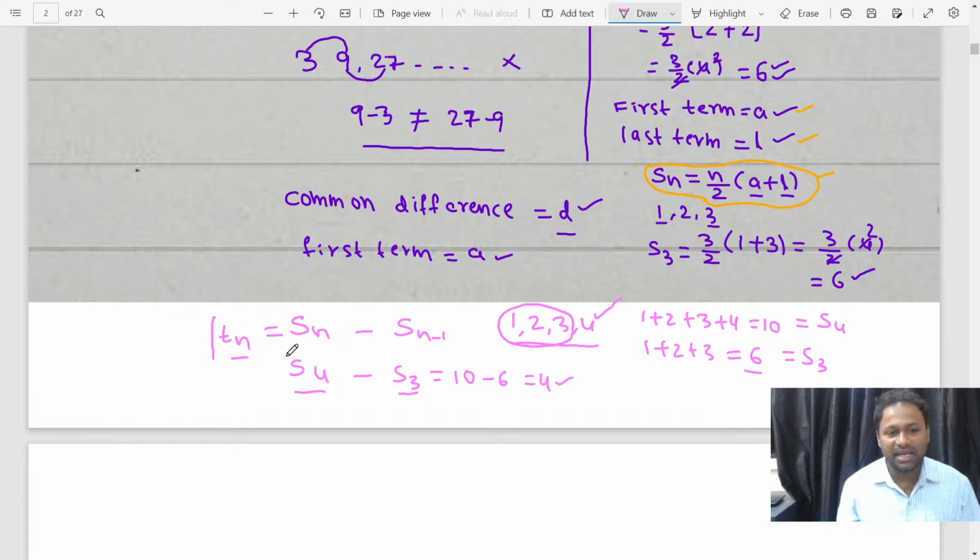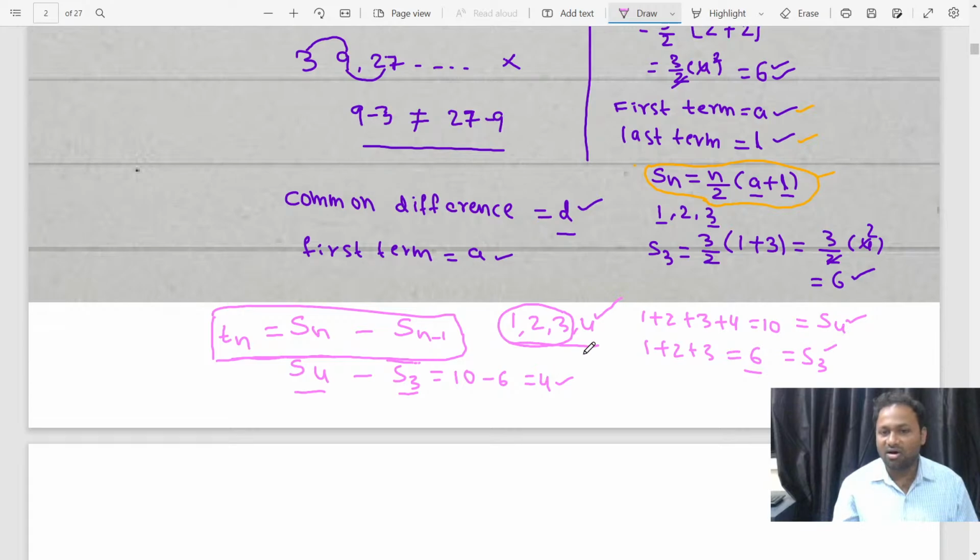This is a very important formula. The nth term Tn is equal to Sn minus Sn minus 1. I think you understood easily by this example. In this example I have taken S4 as well as S3.